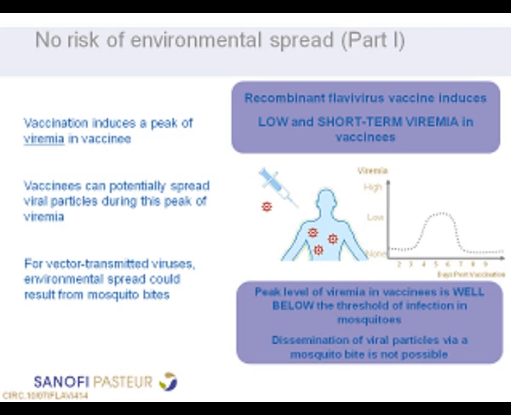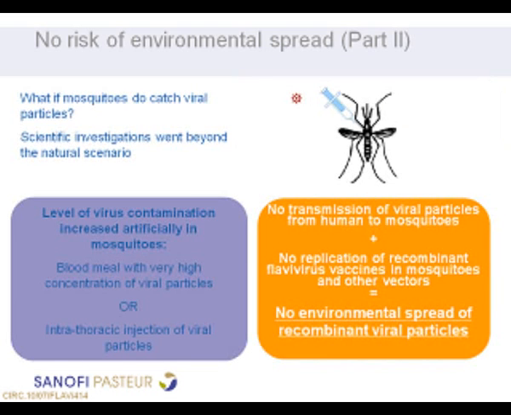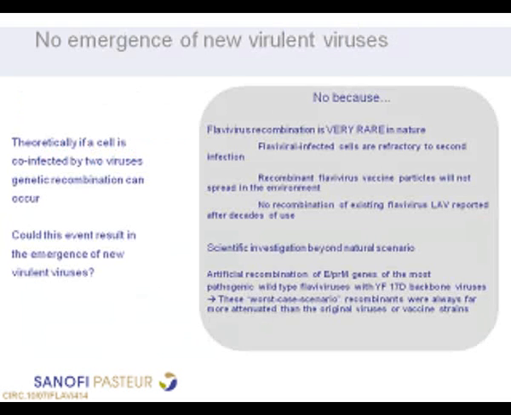So it's important to note that we've established a number of things, including that the level of viremia following vaccination is less than the infectious dose for mosquitoes, so it's unlikely that mosquitoes will become infected with vaccine virus. And even if they did, the recombinant viruses do not replicate in mosquitoes, even when they're fed to the mosquitoes at high doses.